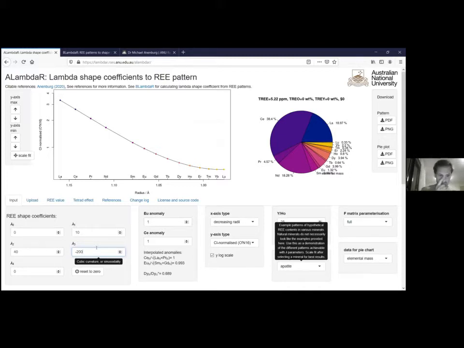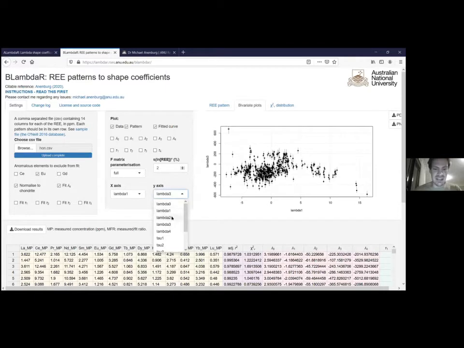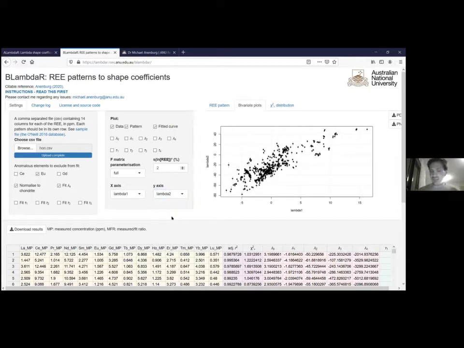And the good thing about it is that it shows you really a pattern that doesn't really exist, because there is no pattern that is exactly 10, 40, -200, and 0 for lambda 4. So each pattern will have their own small variation in lambdas and uncertainties, elements that for some analytical reason are a bit off.